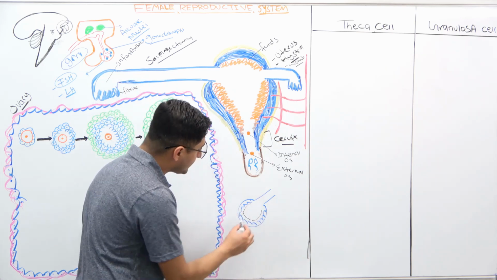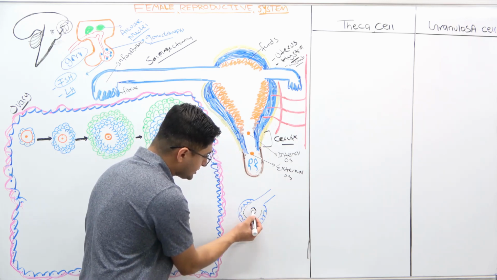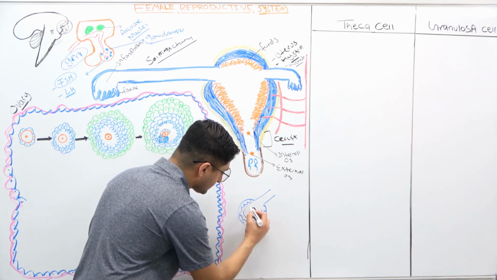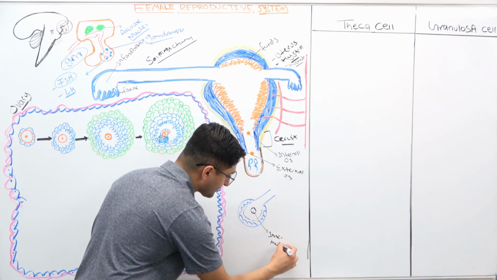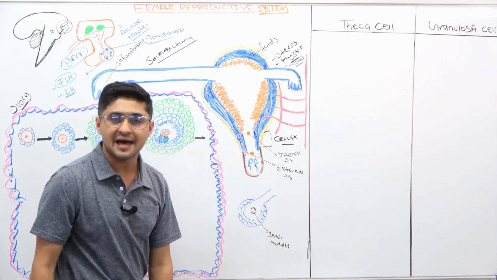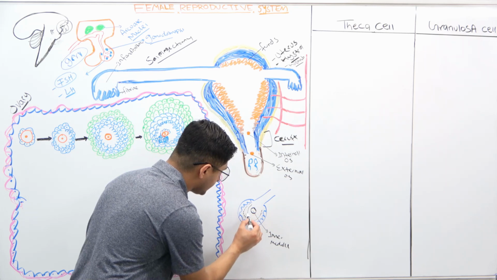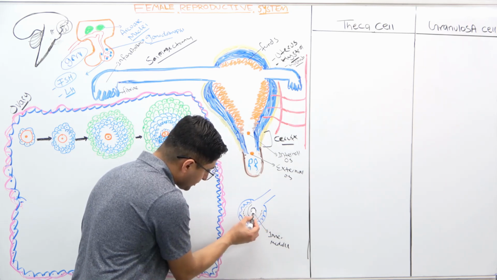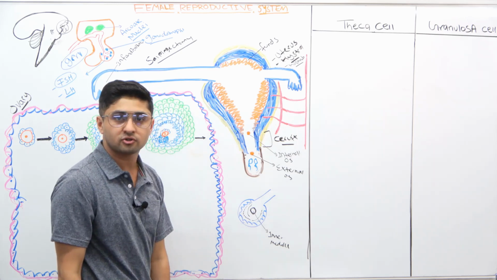Below that you see two areas. There's a middle area right here, this circle, which is called your inner medulla. Outside of this, below the tunica albuginea, is your peripheral cortex.